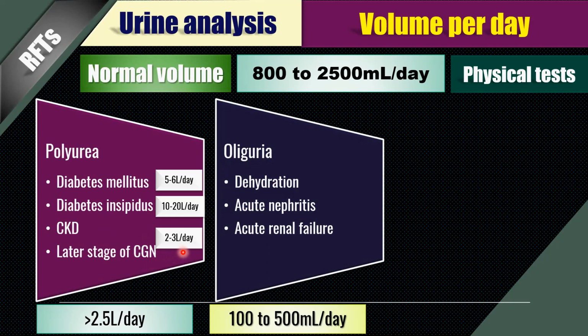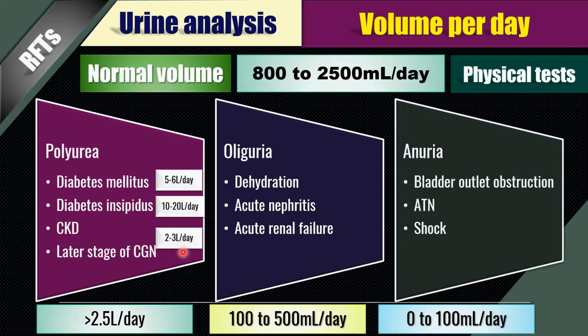Suppose urine output is less than 500 ml per day, but more than 100 ml per day, then we can call it oliguria. This oliguria could be due to dehydration, which may be due to vomiting, diarrhea, or sometimes severe burns. Oliguria is also seen in acute nephritis and acute renal failure. There is one more term called anuria. The literal meaning of anuria is no urine output at all, absolute nil output.